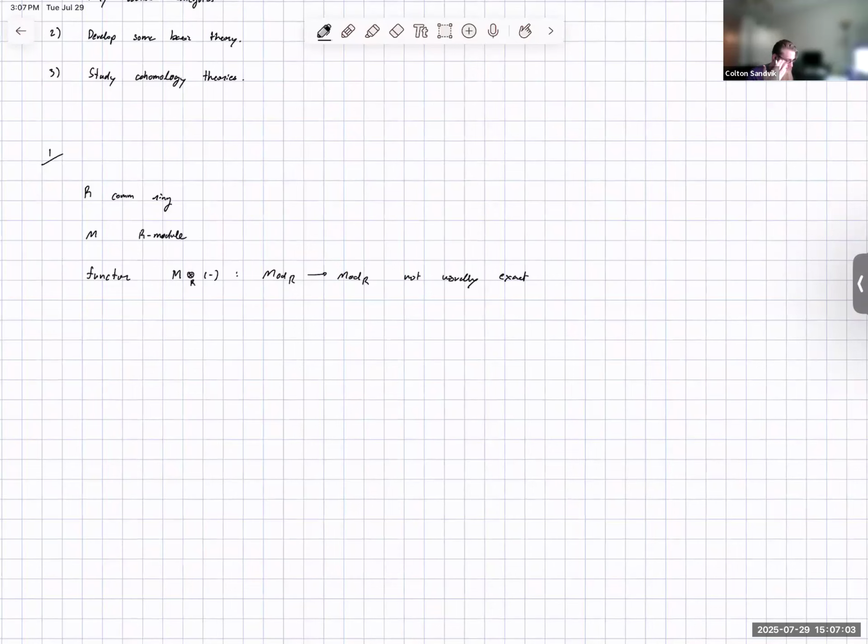So what can we say? Well, it is what's called right exact. So if we have a short exact sequence N1, N2, N3, then we'll get an exact sequence of the form.